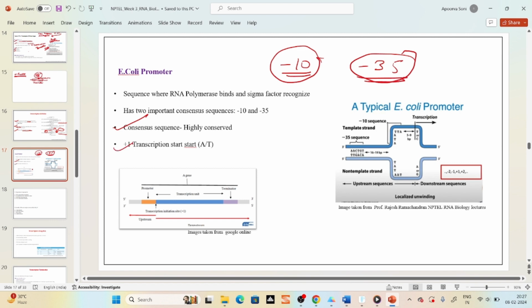Now I have to explain one thing before we move further. What is the meaning of this -10 and -35? Can anybody explain it? Think of a reason. What does it signify? What does the minus sign here signify? We are not doing any mathematical calculations here.